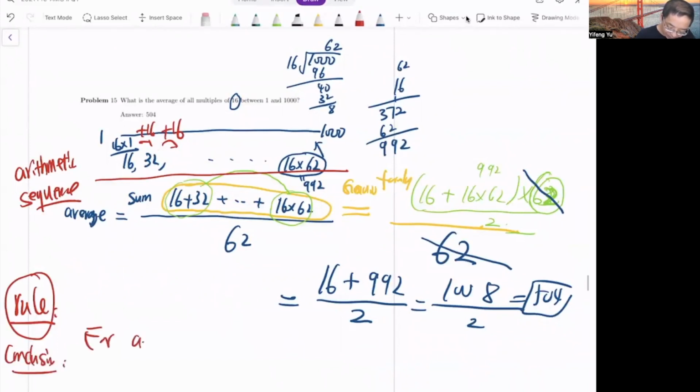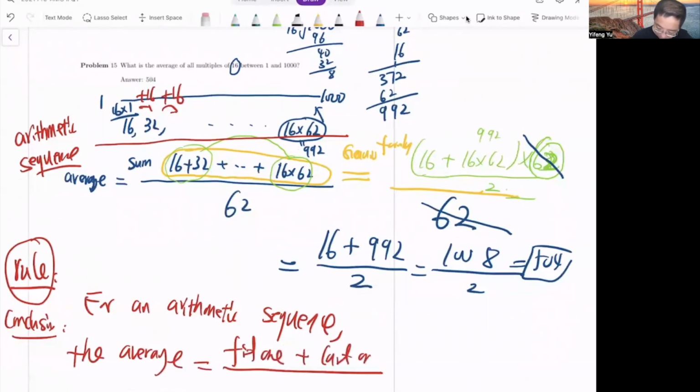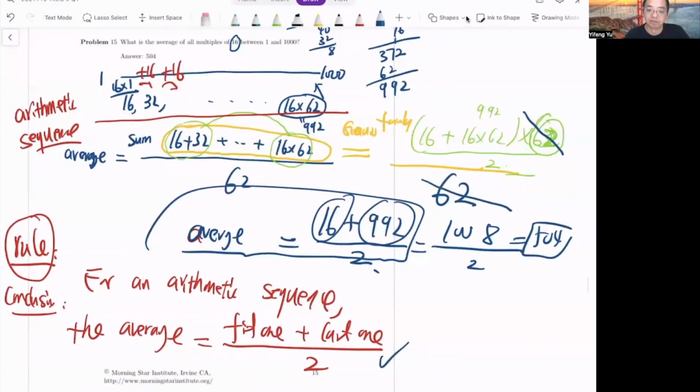For an arithmetic sequence, regardless of what it is, the average just equals half of the first one plus the last one, because it's the first one plus the last one divided by 2. In this example, the average is just the first one plus the last one divided by 2. And this is the general rule.